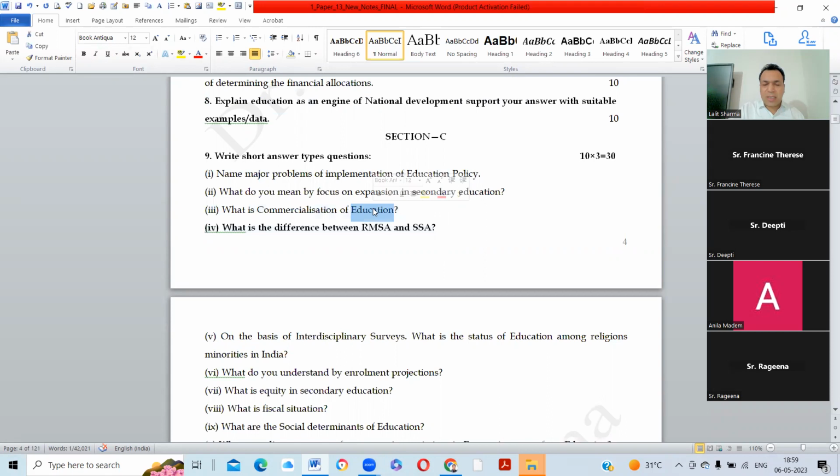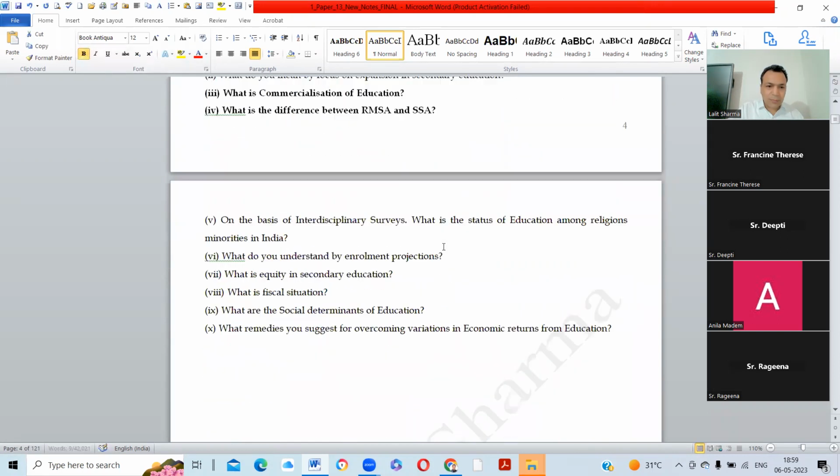We can discuss commercialization of education, major problems in implementation of the education policy, and social determinants of education. Because this is a lengthy paper, half of the syllabus we are covering in today's lecture, and half we will cover in the next lecture.